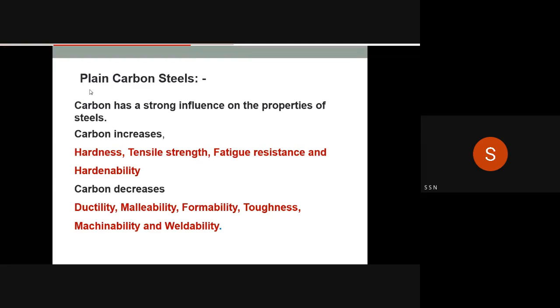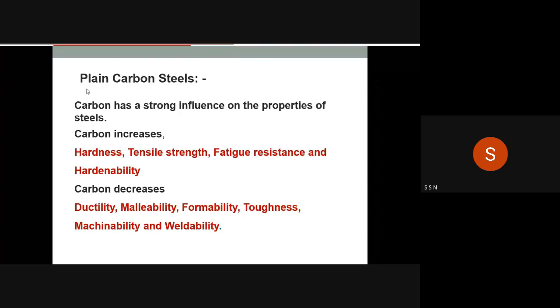Consider any example of a steel. In that steel, there is a different percentage of carbon for different applications. Why is that? Because as the percentage of carbon increases, certain properties increase.